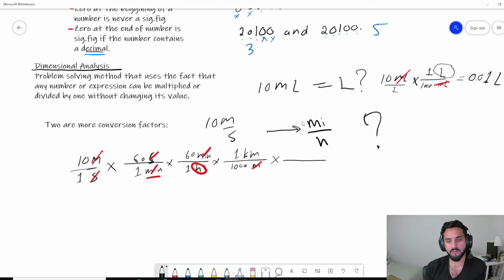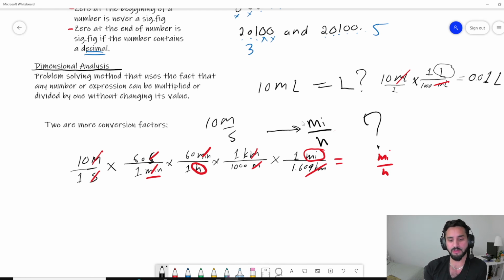This number usually will be given to you, maybe on an exam, or you can look it up. And we know that in 1.609 kilometers, there's 1 mile. And here we canceled out kilometers and we're left with miles. So our answer will have miles per hour.